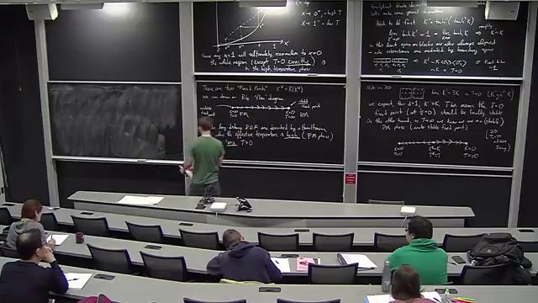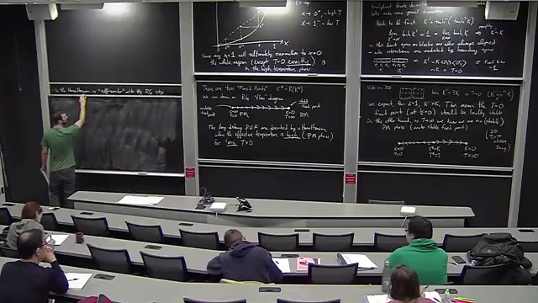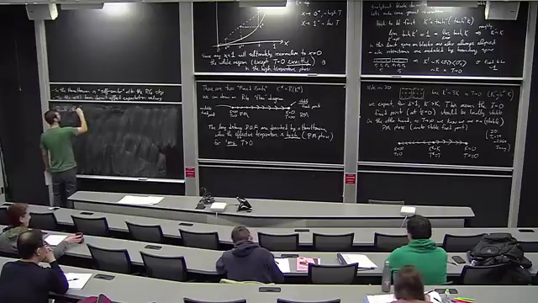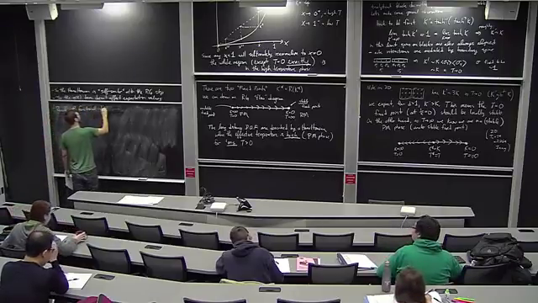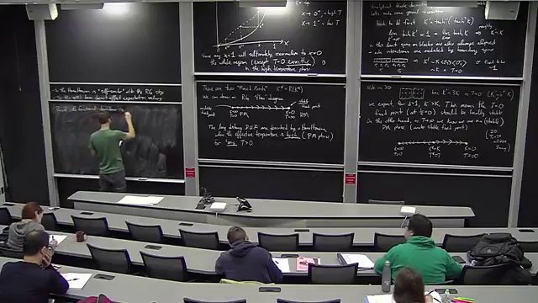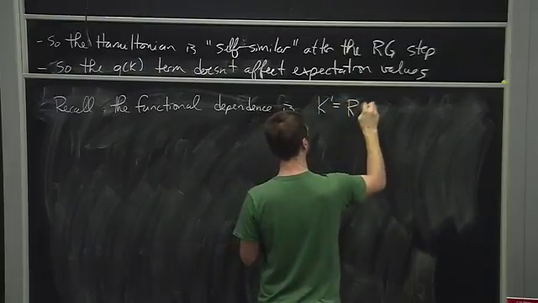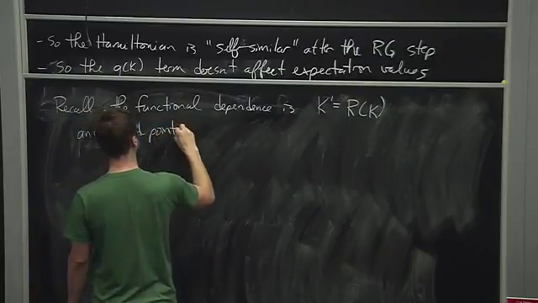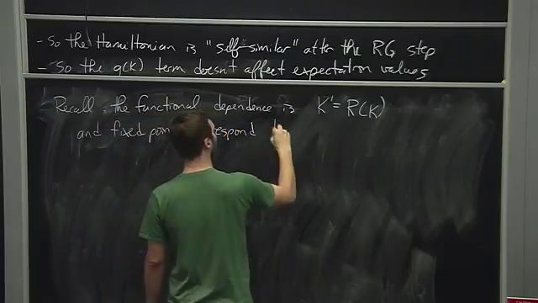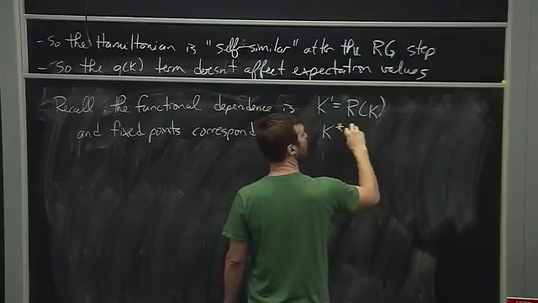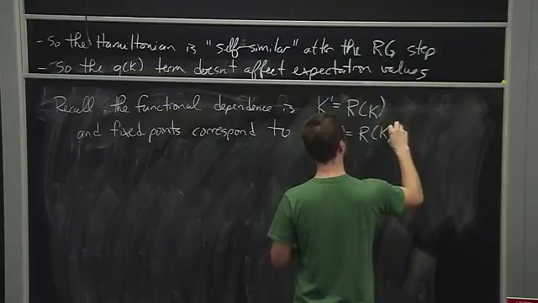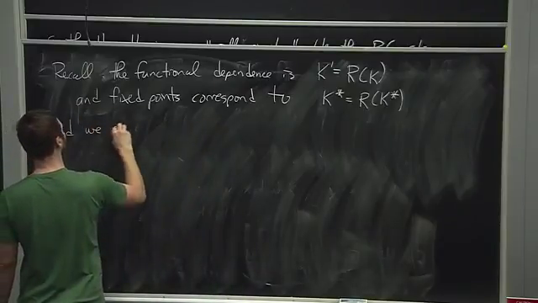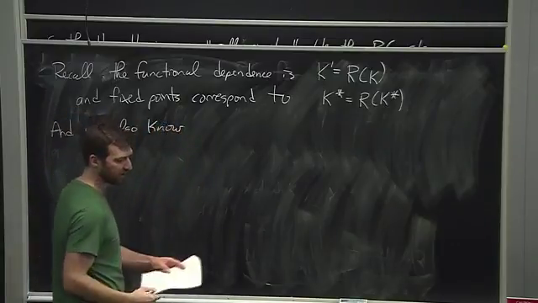Okay, I have my fixed point equation here. So the functional dependence of the RG is that R. And we also know this is something I already told you, but it's worth thinking about again.